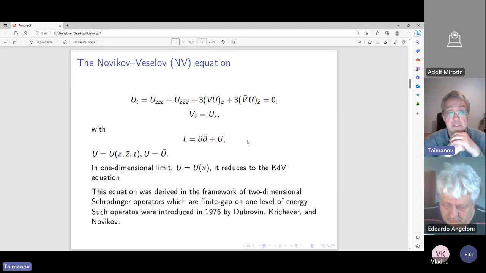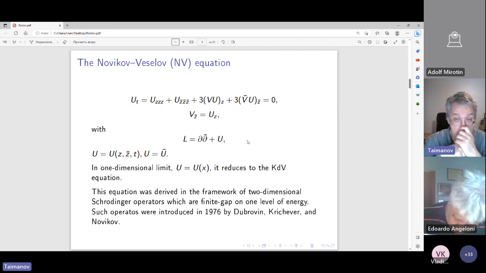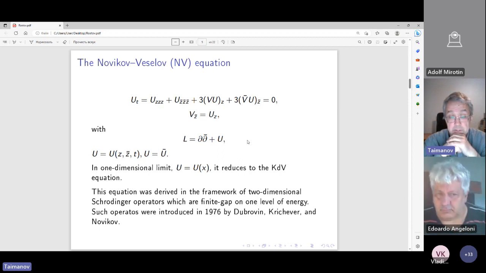Then this equation is represented as an LAB triple, where L is a two-dimensional Schrödinger operator. In the one-dimensional limit, when U depends only on x, it reduces to the Korteweg-de Vries equation, because we can resolve this constraint, assuming that it doesn't depend on y.